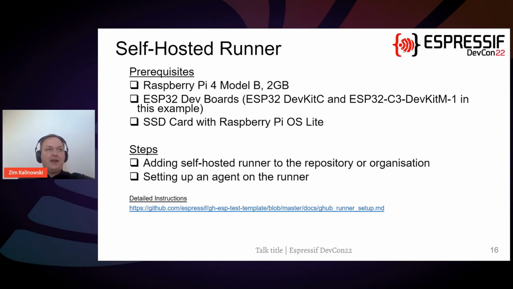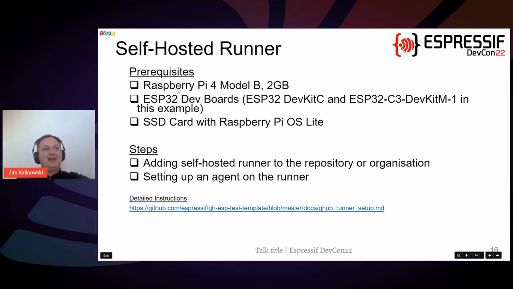Espressif provides an example. Well, we actually have an entire test template. Inside the test template, we have a document that explains how to perform the whole procedure of creating a self-hosted runner.